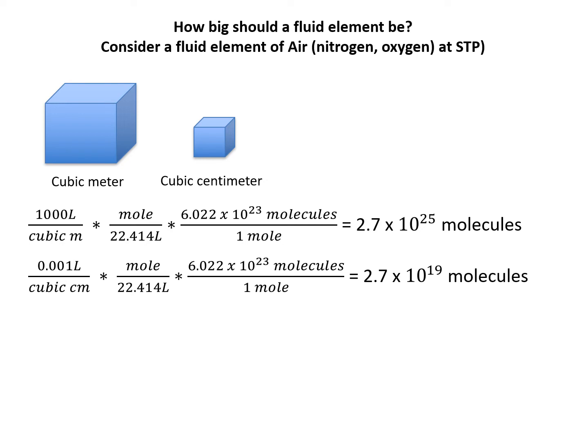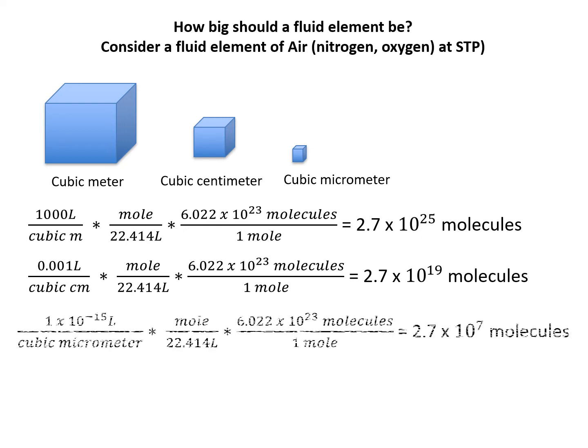So in 1 milliliter, or 1 cubic centimeter fluid element, there's more than enough molecules to be statistically significant. Go down another order of magnitude to a micrometer. Do the same math, and what you find is there's still plenty. It's 10 to the 7 molecules, so it's huge.